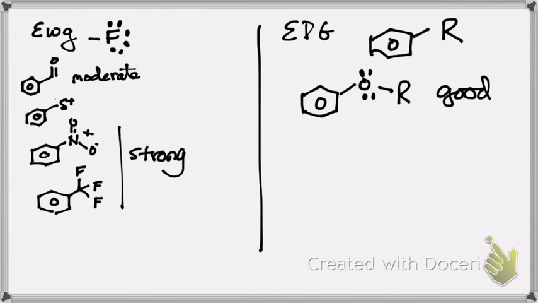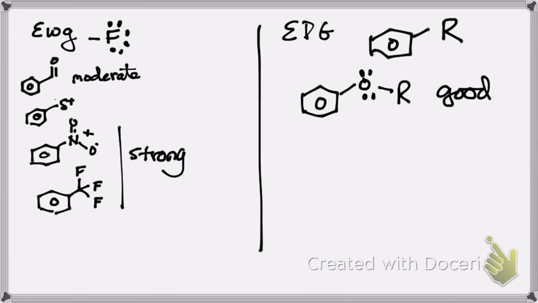So the best, what are the best? Best activating substituent is probably like a nitrogen with a lone pair on it, because the electronegativity of nitrogen is lower. Okay, but really it can donate electron density, so alkyl groups, lone pairs. Those are activators, right? Electron donating groups.